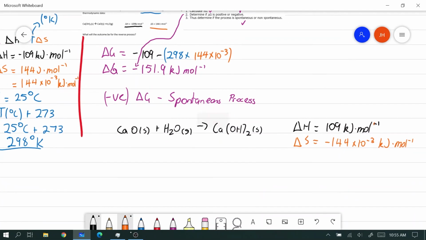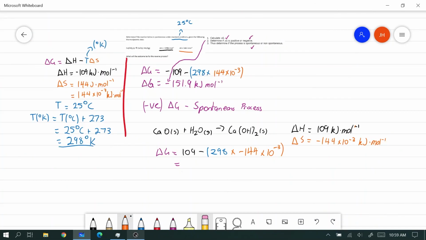And so substituting in that data, we're going to again try and find delta G for the reverse process. That's equal to 109 minus 298 times negative 144 times 10 to the negative 3.